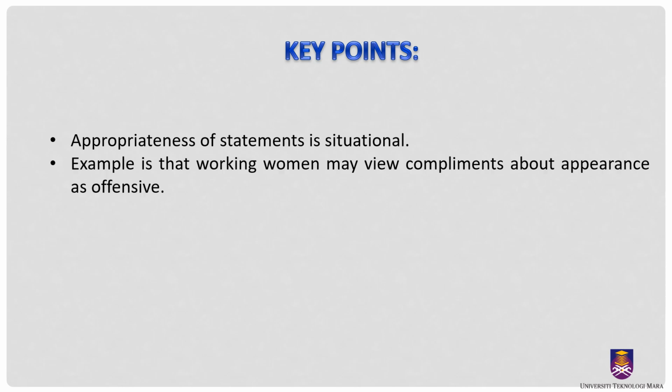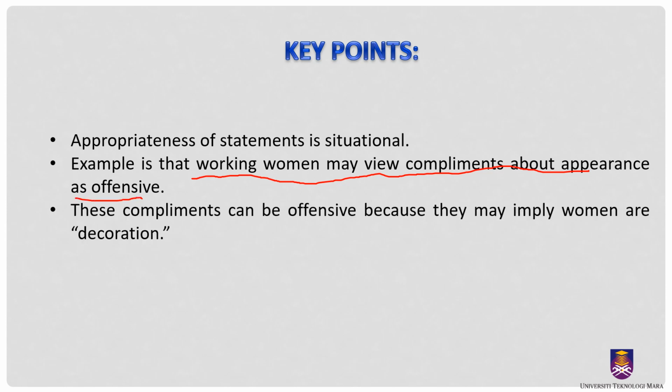The second point is, the example given in the passage is that working women may view compliments about appearance as offensive. The third point is, these compliments can be offensive because they may imply women are decoration.